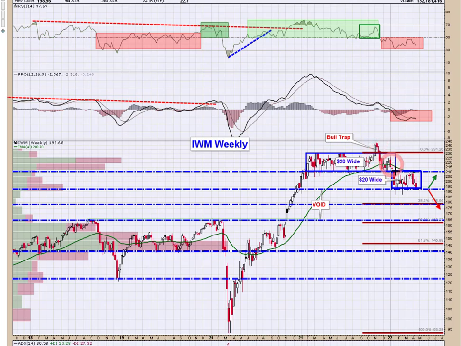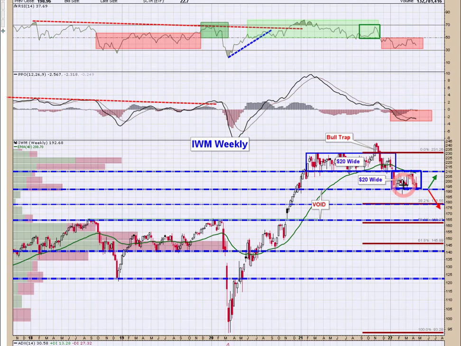We found that. We had a breakdown from that 210 area, measured move. What was the width of the prior range? $20. What was the technical target for the next move? If this range was 20 wide, your target's 20 wide. We got that, 210 down to 190, and we've spent all of this year consolidating between 210 and 190 with just a ton of chop.